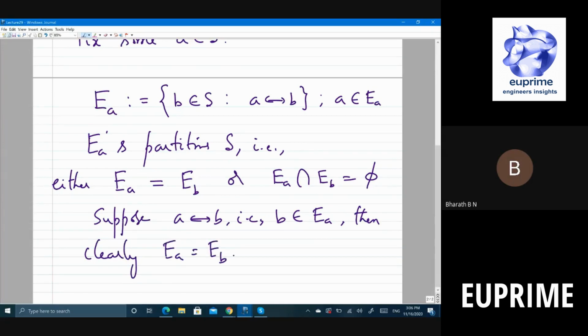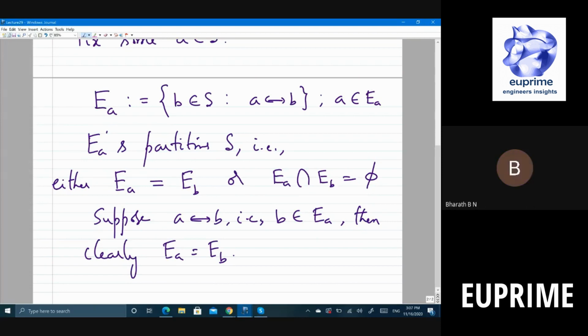Can somebody tell me? What is EB? All those states which can be communicated from B. What is EA? All those states which can be communicated from A. Suppose B belongs to EA, what does that mean? B can communicate with A, but all those states which B can communicate with, A can also communicate with. Therefore, EA should be equal to EB. Do you agree?